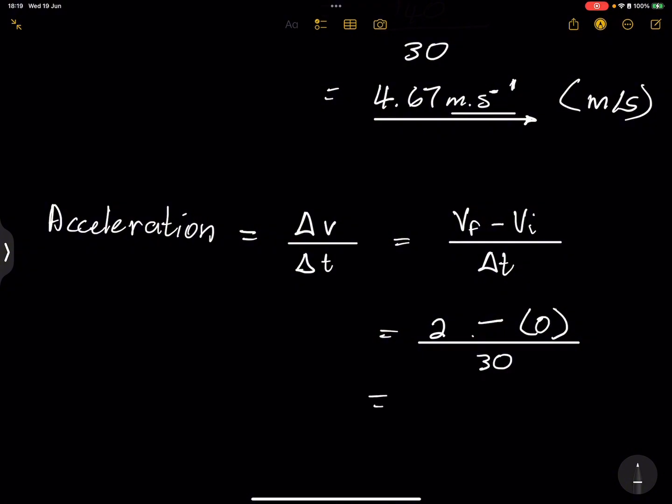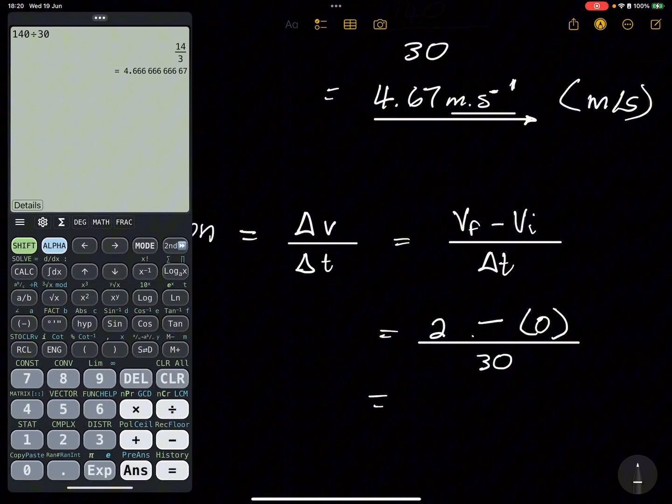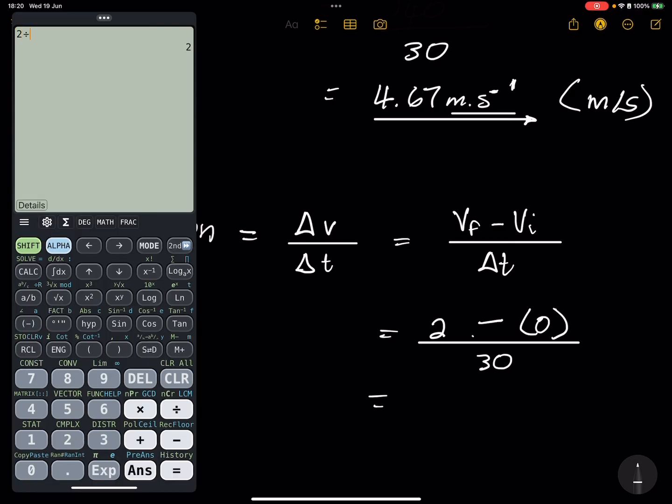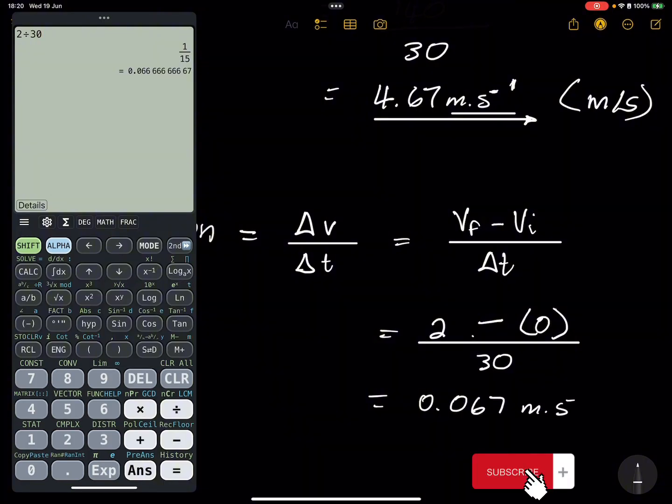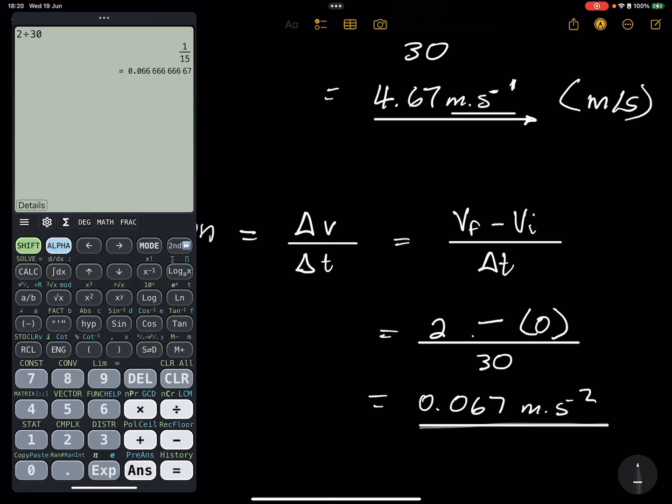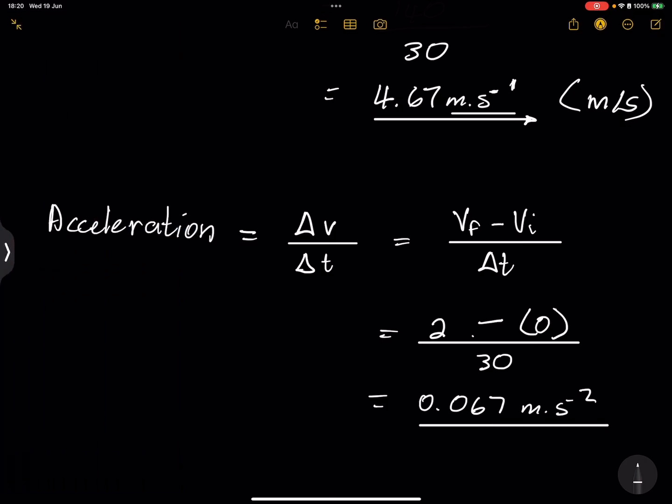Okay, so we can calculate that. We can say 2 divided by 30, and that would give us an acceleration of 0.067 meters per second squared. All right, so that is how we would get the acceleration there. So acceleration is the rate of change in velocity.